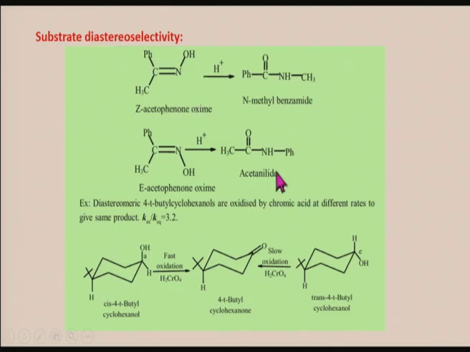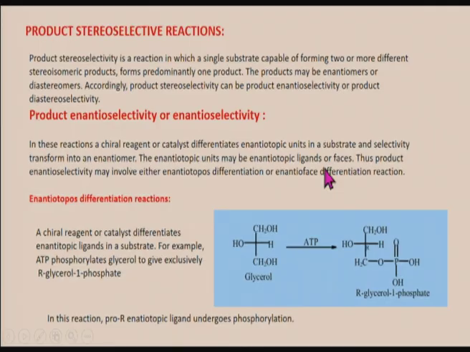So, we get the acetanilide as a major product. So, this is called the substrate diastereoselectivity, and product diastereoselectivity, where the reagent's selectivity means formation of the product, right, it depends on the formation of the product here. So, these are the specificity in the selectivity of the compound.